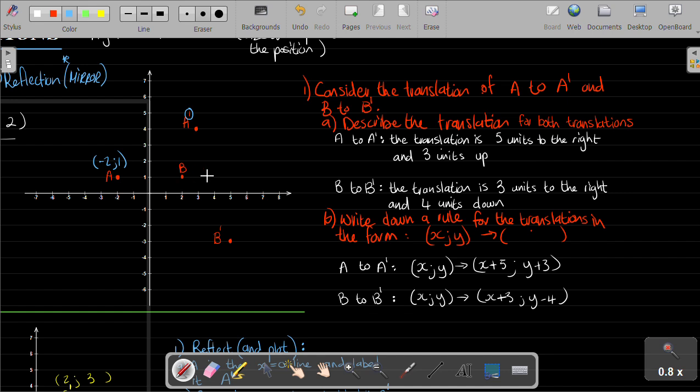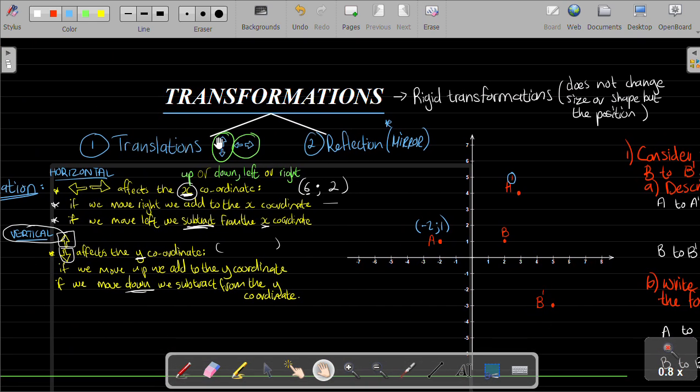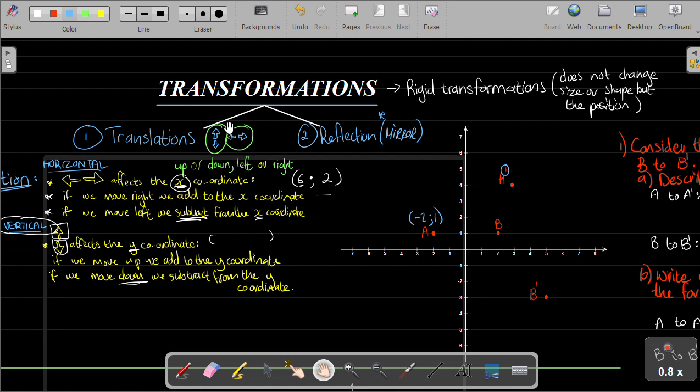And then so on for B, it also is transformed. So it's telling us there was a translation. What does translation mean? Let me take you back to the basics. Translation refers to it has either moved up or down and left or right. Remember, it doesn't always need to be moved up or down and left or right. If it's just a movement up or down, that is fine.